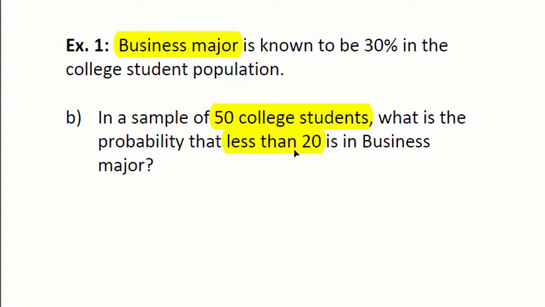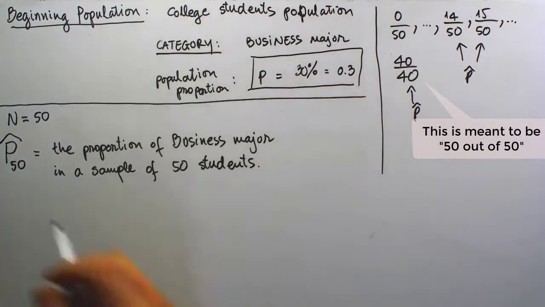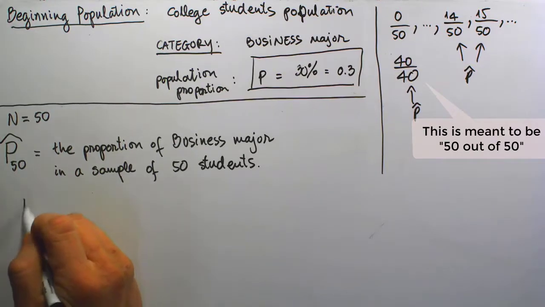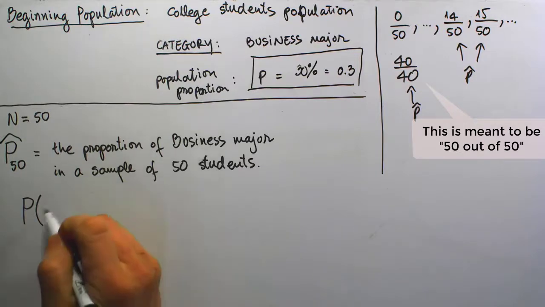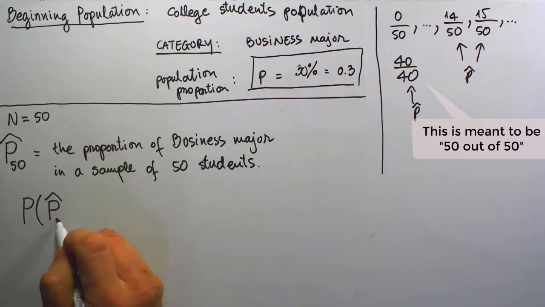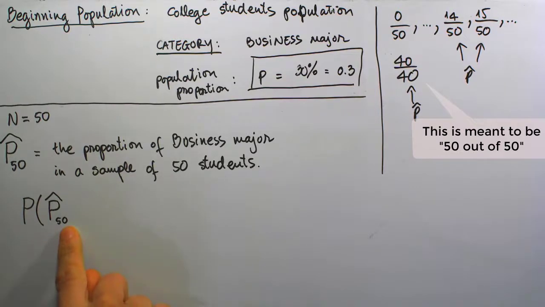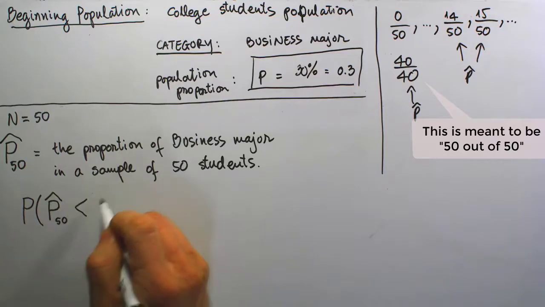So looking back at the wording of the problem, we want to find the probability that less than 20 of them are business majors. Formulating the problem symbolically, we can write: find the probability P, in parentheses, that any of our samples of size 50 comes out with less than 20.